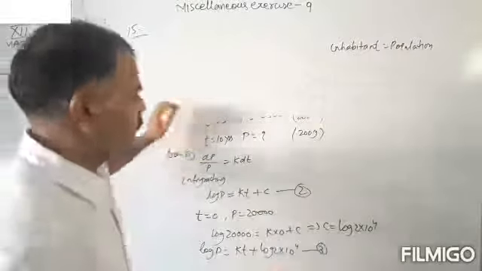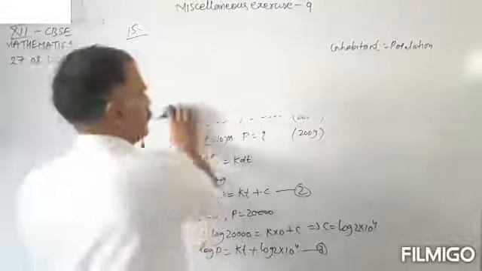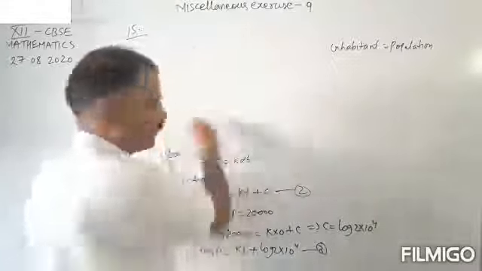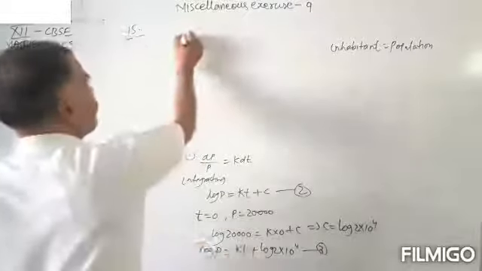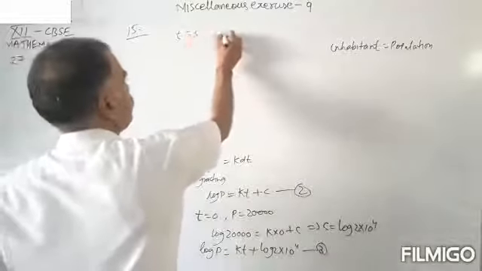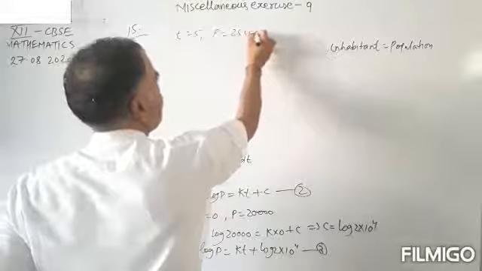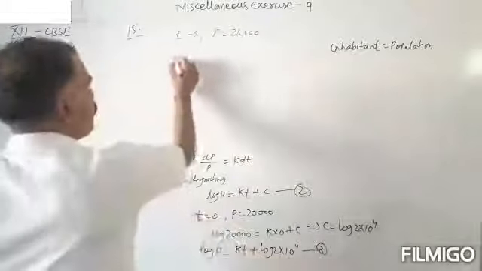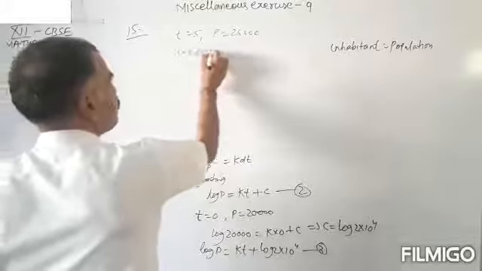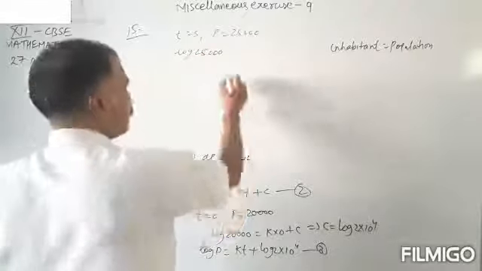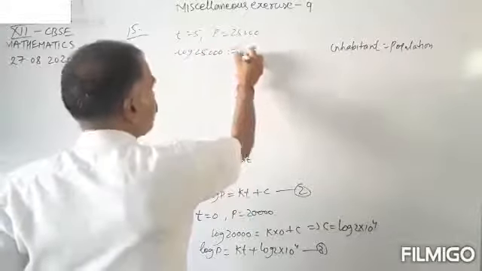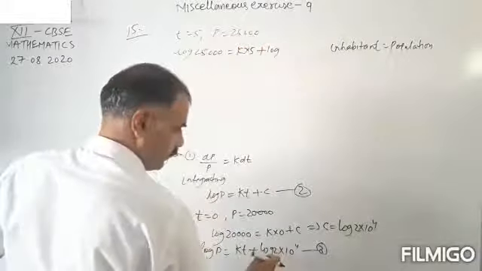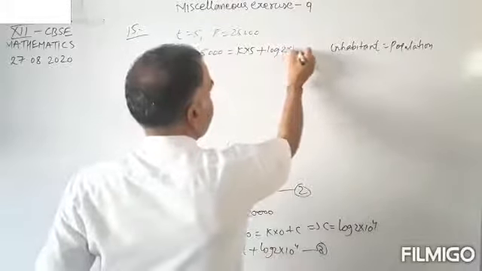Now using the condition: it is given that t equals 5 and p equals 25,000. Putting t and p in equation number 3, log 25,000 equals k into 5 plus log 2 into 10 to the power 4.